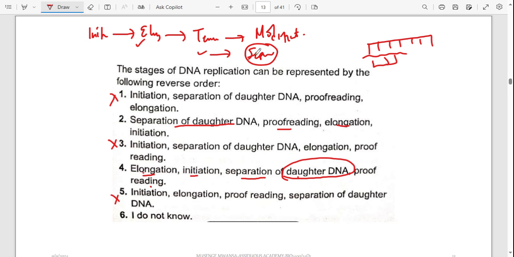Meaning separation and proofreading can swap. So we start with separation of the DNA strand, then proofreading, meaning we are making corrections before separation of the strand. Remember, we're going in the opposite direction, and then elongation, then initiation. The other option starts with elongation, then initiation, but these two steps are supposed to be at the end, so that one is not correct.